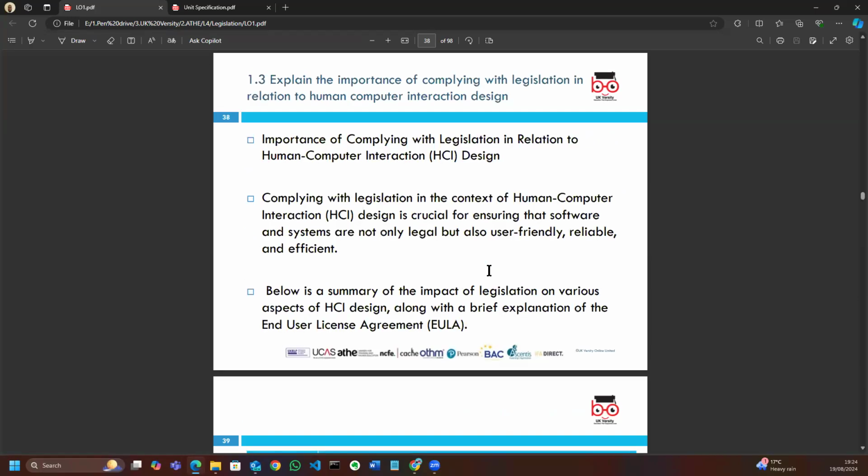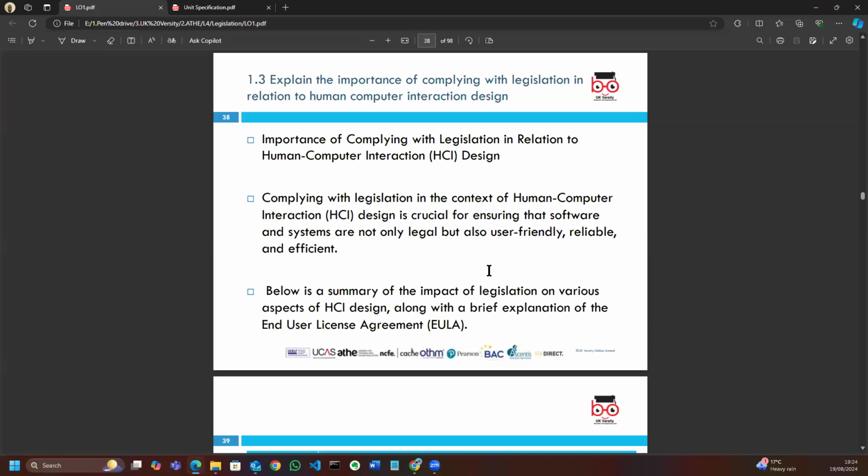Now, on our final learning outcome, we're going to explain the importance of complying with legislation in relation to human-computer interaction design. So what do we mean by that?